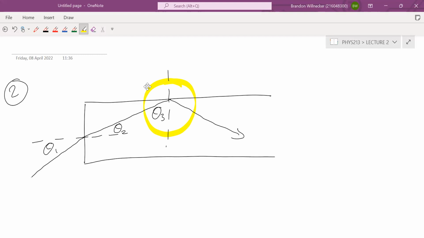What we want to find is the critical angle for glass and air, because we've got glass on the inside and air on the outside. Air, we can take the index of refraction to be 1. Glass, we can take it as 1.5.